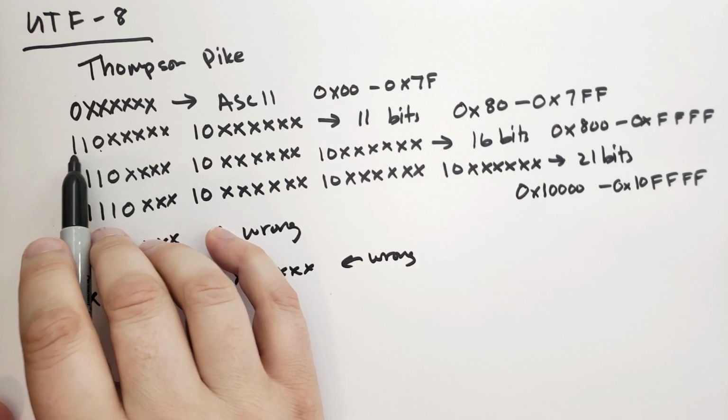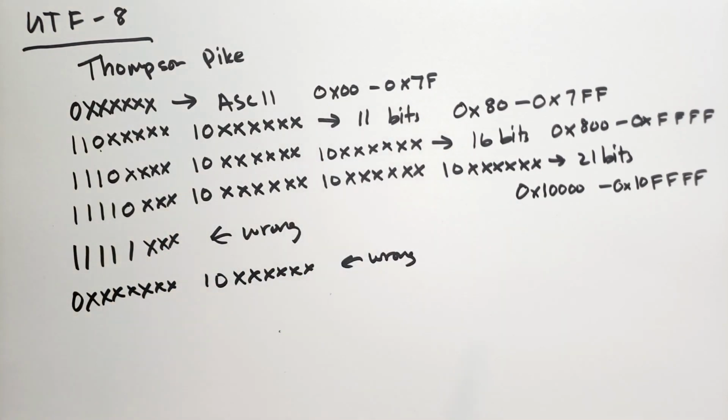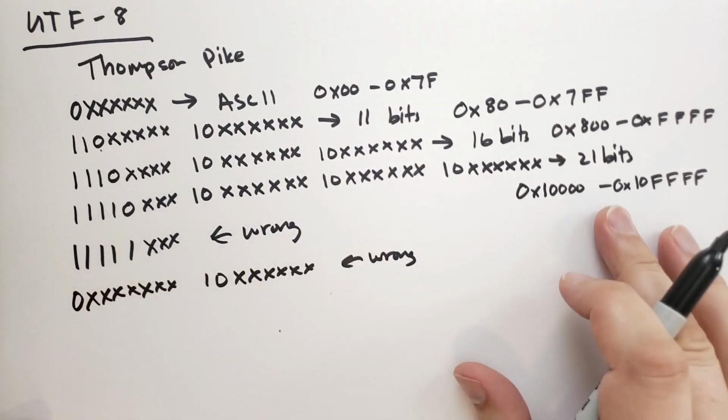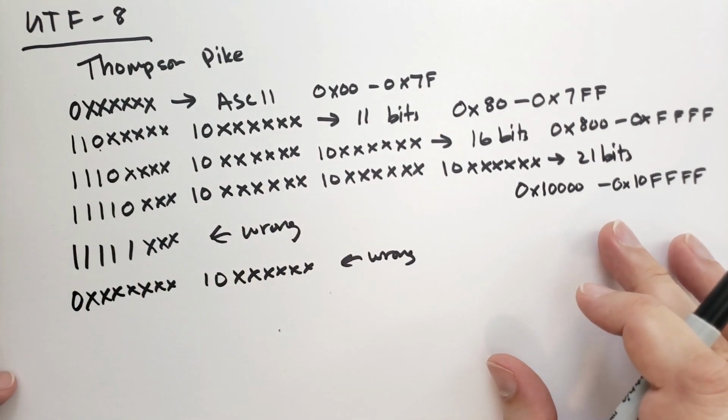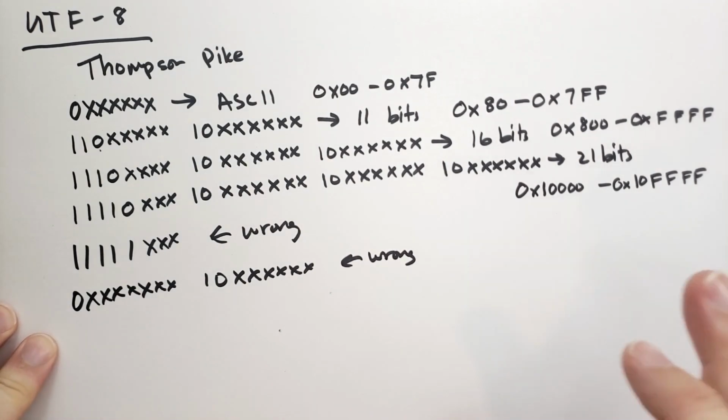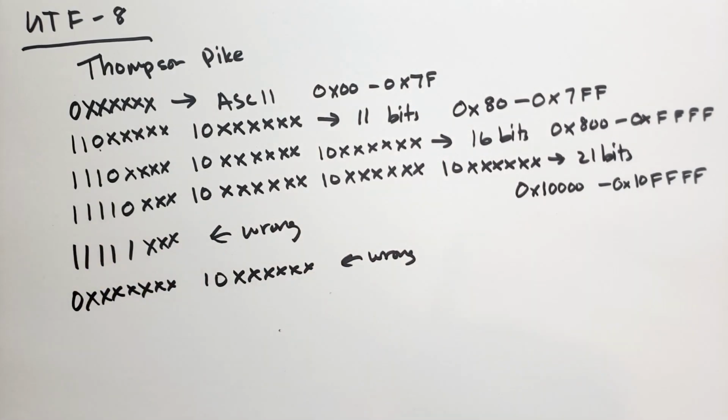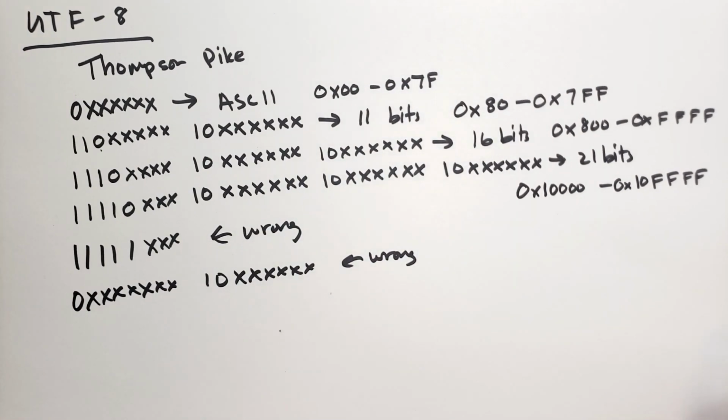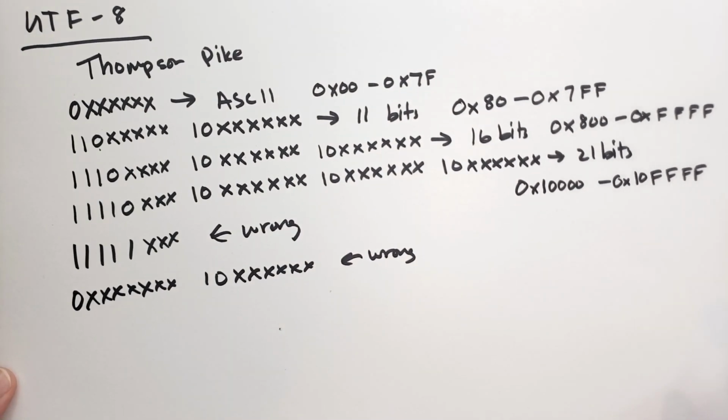Or 110 followed by 10 followed by 10. Having too few or too many of those 10s is also wrong. This also allows you to encode invalid code points in Unicode. It's possible for me to choose one of the invalid code points and put it in this format and get back a string that looks perfectly valid but is actually not, because it doesn't describe Unicode.